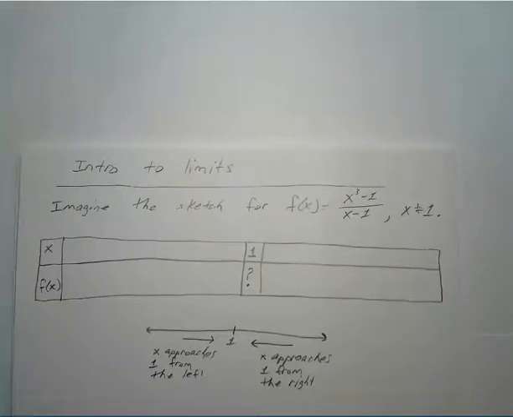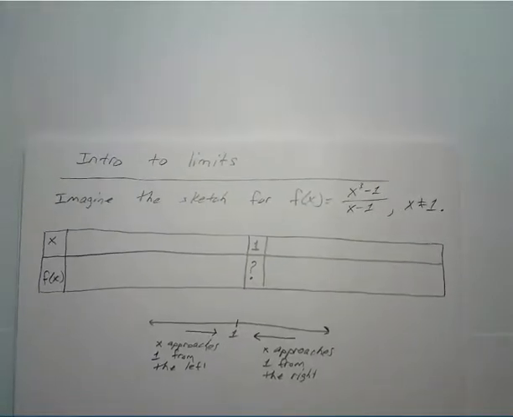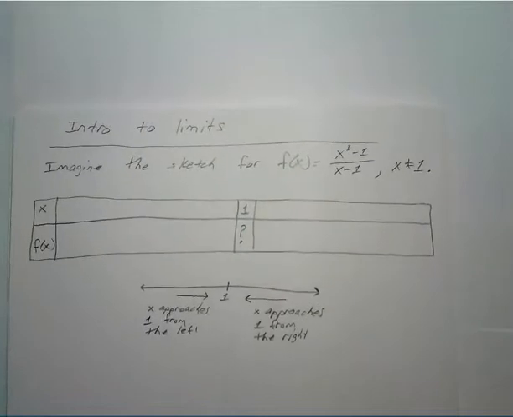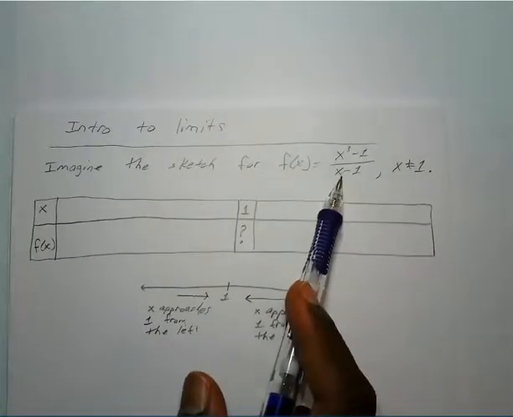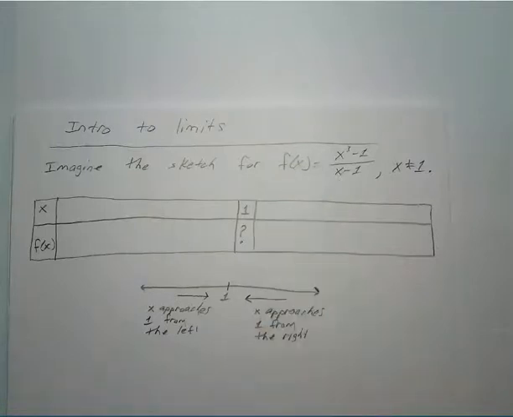We'll get values closer and closer to that 1 that we can't equal.